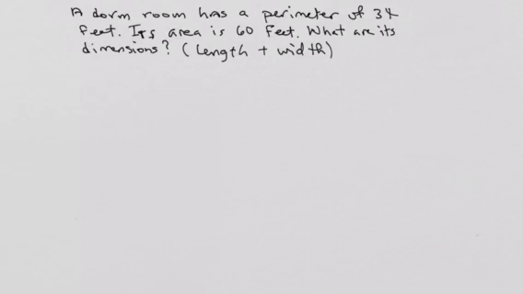So let's write down what we know. We've got a rectangular, maybe it's square, we don't know, dorm room, and its perimeter, which is 2L plus 2W, is 34.